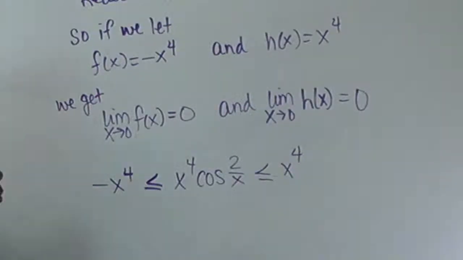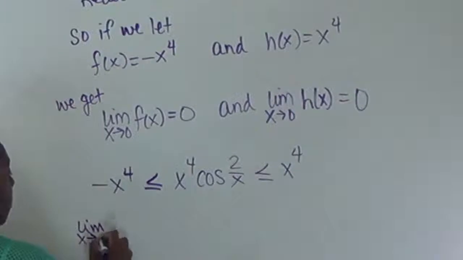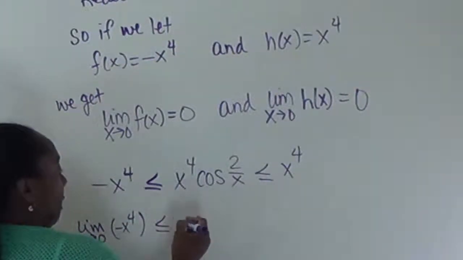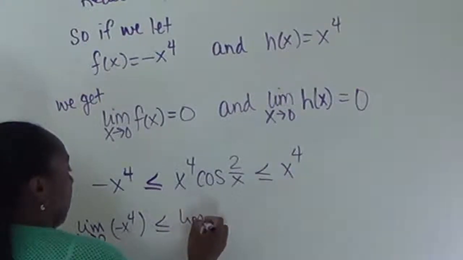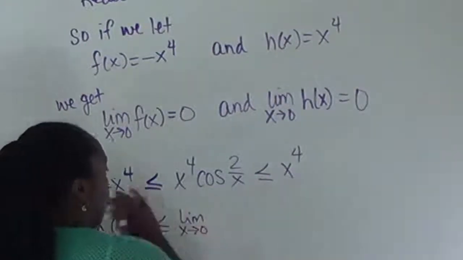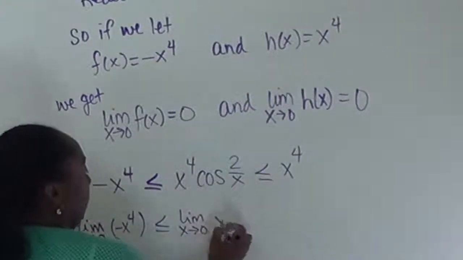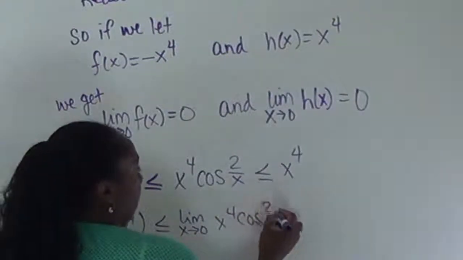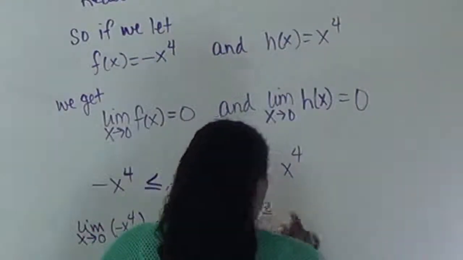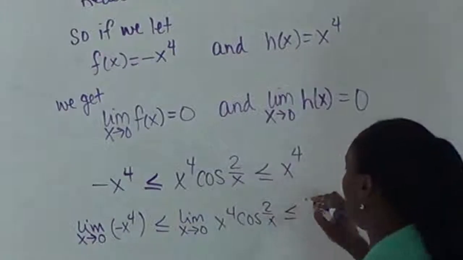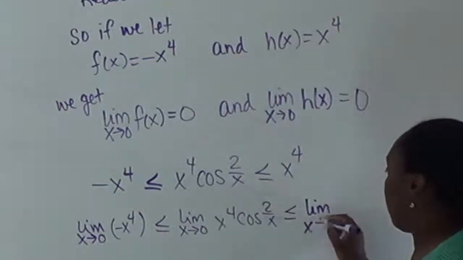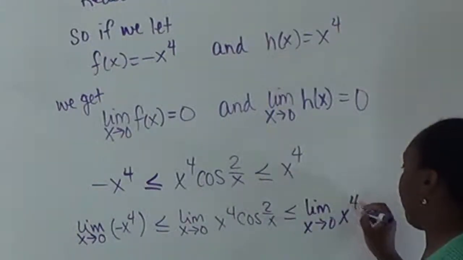Okay? So if we look at the limits of these, as x goes to 0, again, based on our squeeze theorem, it says that because this line is true, the relationship between their limits is true.